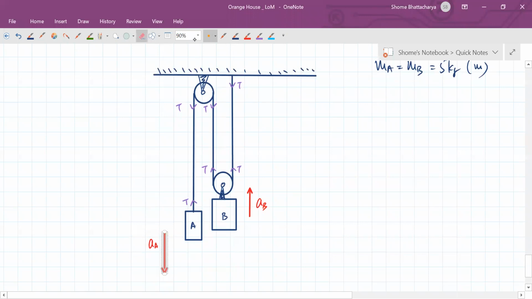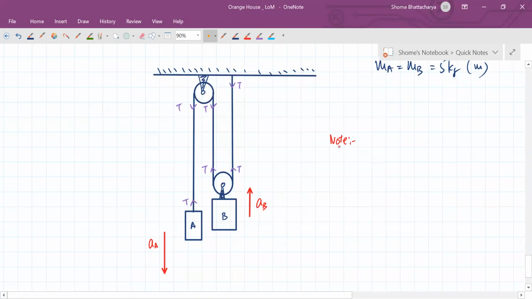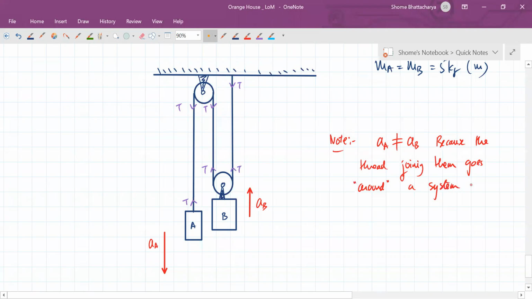So here what we have to understand first of all is the acceleration of A will not have the same magnitude as the acceleration of B, because the thread joining them goes around a system of pulleys, not a single pulley. Okay.